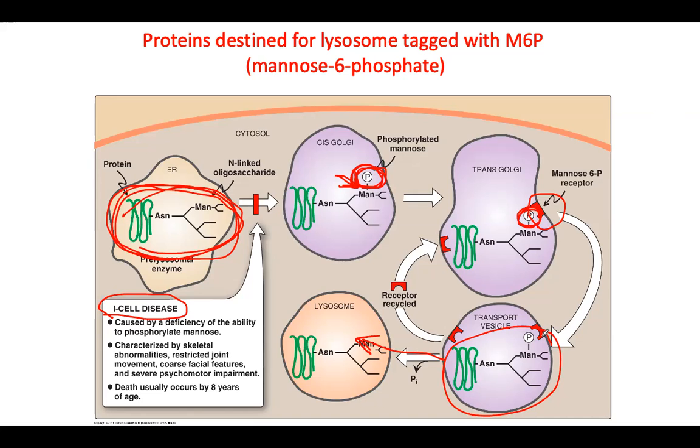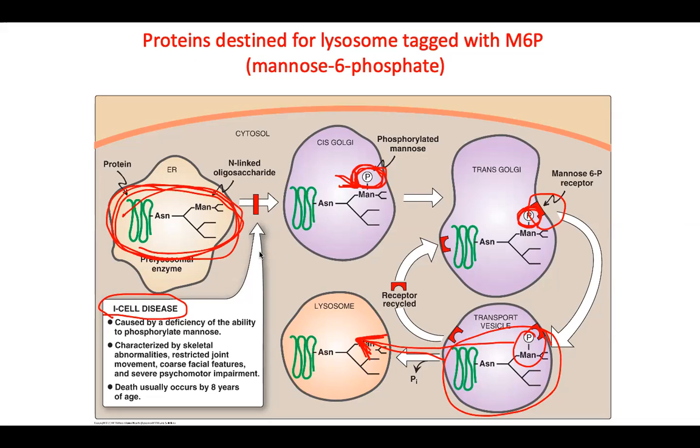And if that receptor senses the mannose 6-phosphate, it's going to signal to your body that this glycoprotein needs to be degraded. Remember how we talked before about mucopolysaccharidosis, which was when GAGs cannot be broken down? Now we're talking about a similar concept, except instead of GAGs, we're talking about the breakdown of glycoproteins.